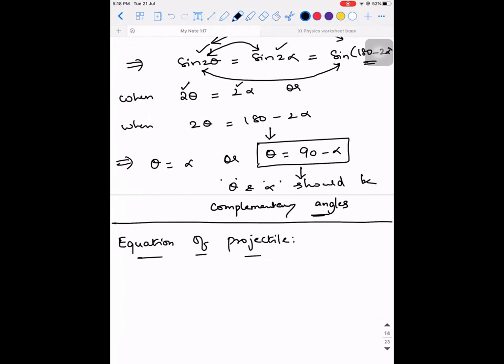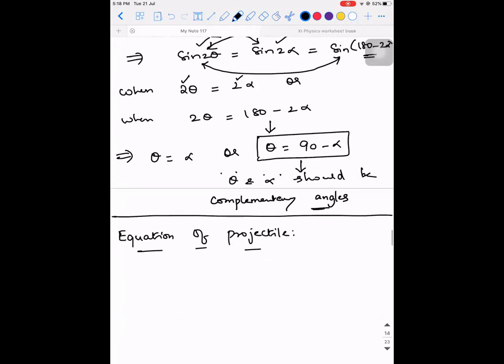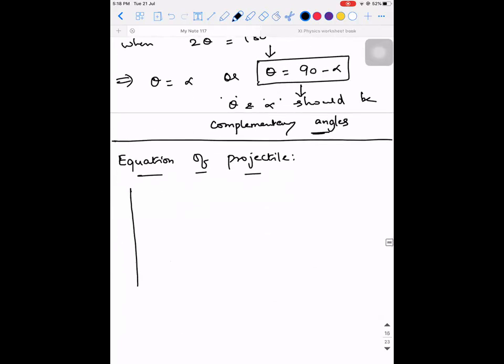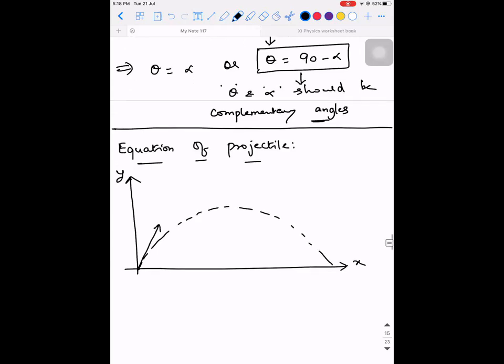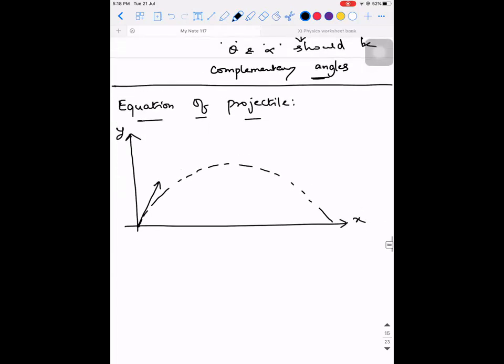So in this equation of projectile, what we are going to do is we will try to define the motion of the particle in terms of X and Y. See, suppose I project the particle like this, then it is going to travel in a path like this, right? So till now we didn't discuss what is the shape of this path. Can someone tell me what shape does it take? What is the shape actually?